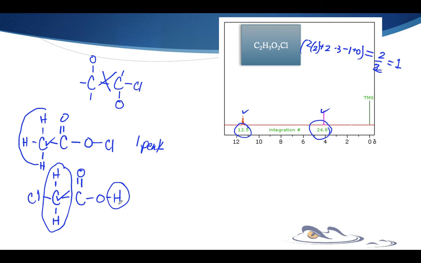We come up with different variations that this molecule could be. We use our imagination and our bonding rules, draw out different Lewis structures, and then use the different tools that we have available. Here I used the index of hydrogen deficiency, and I used the NMR. I can use these two different sets of clues to help me decide which one is the correct structure of this compound.